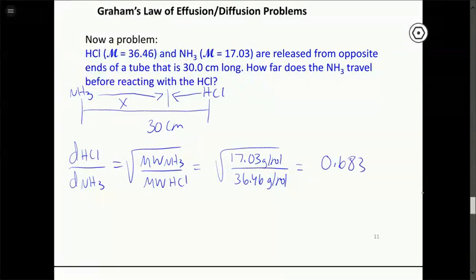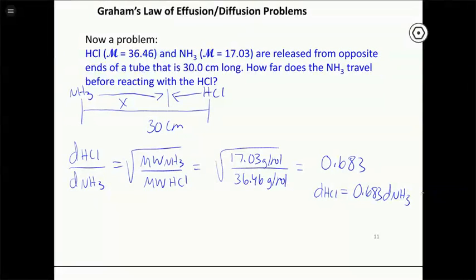So from this we know that the distance that the HCl travels is equal to 0.683 times the distance that the ammonia travels. Or we could divide both sides by 0.683 and see the relative ratio of ammonia to HCl. We just move the NH3 to one side, and that tells us the ratio of the two.